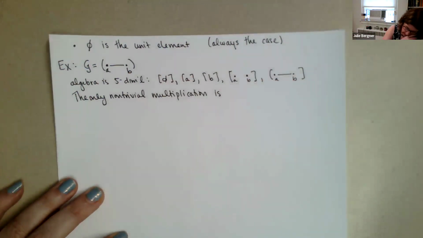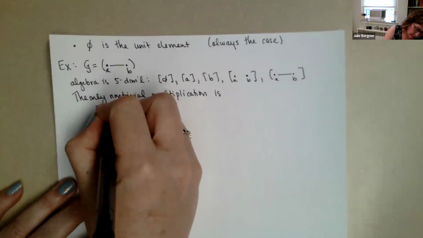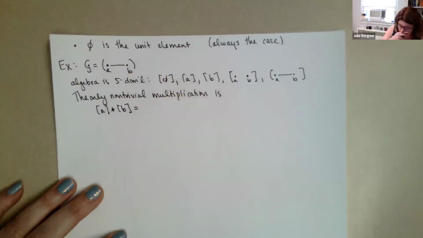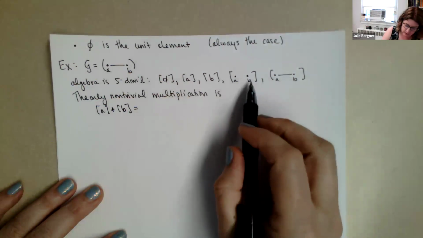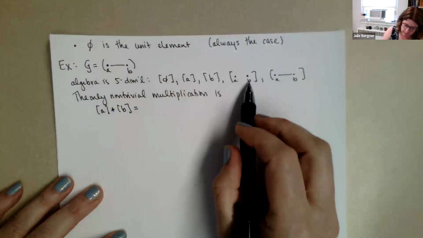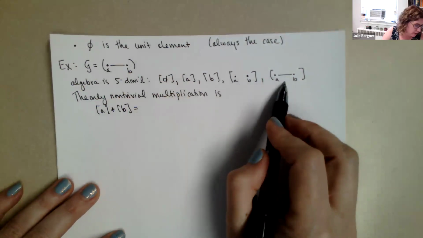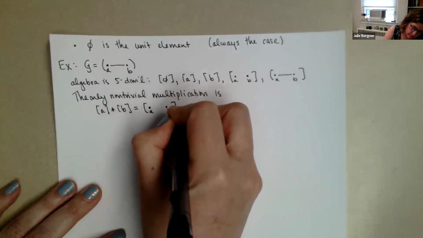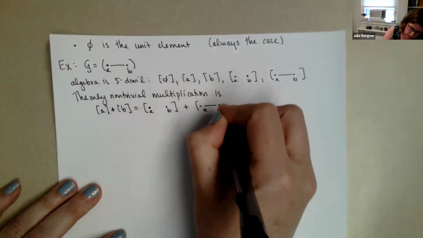So if I multiply A and B, there are two things that I can get, depending on whether I include the edge or not. So this multiplication would be the sum of these two subgraphs.